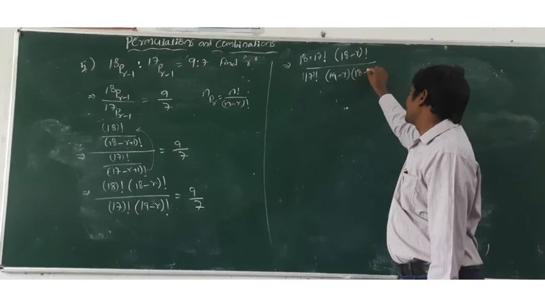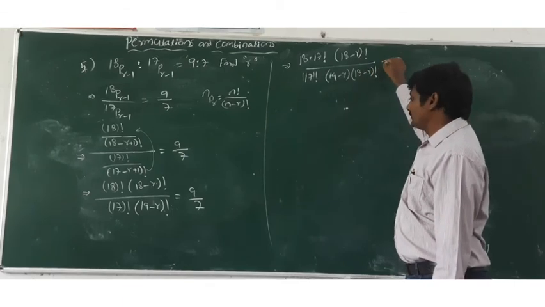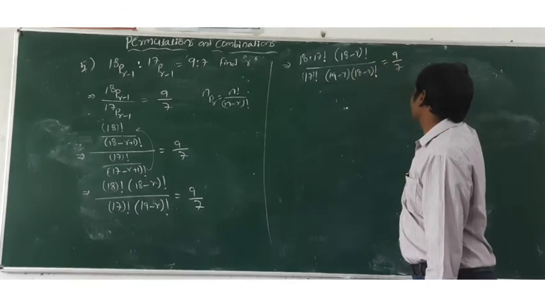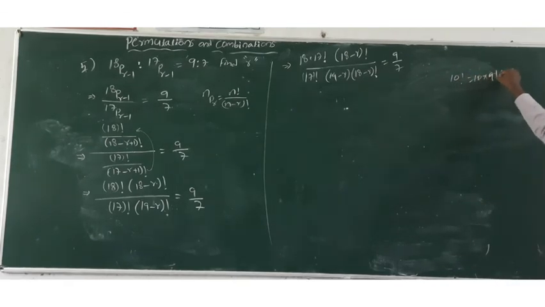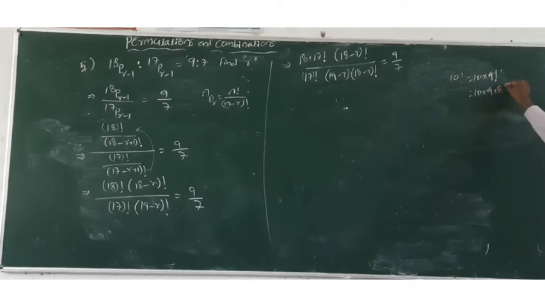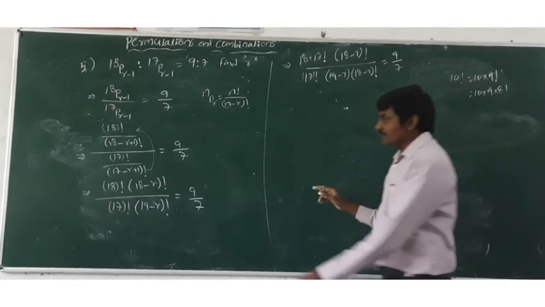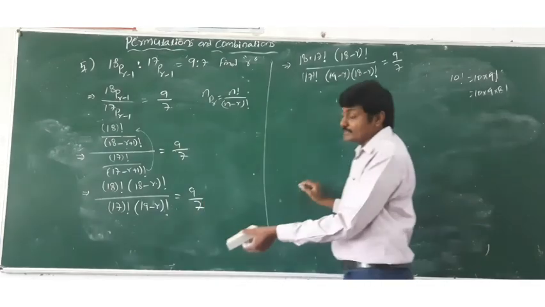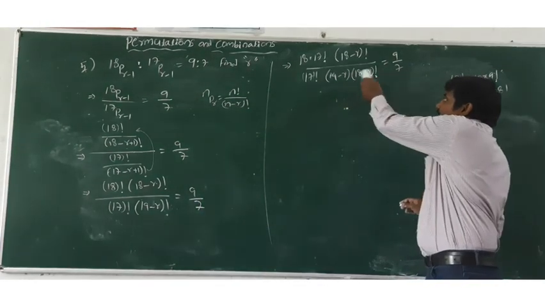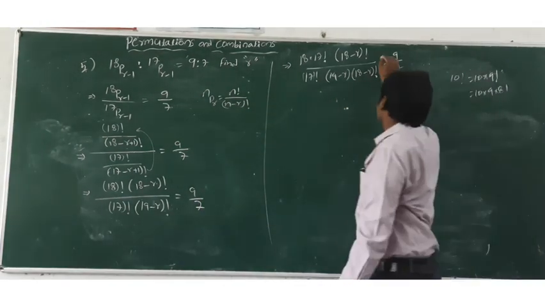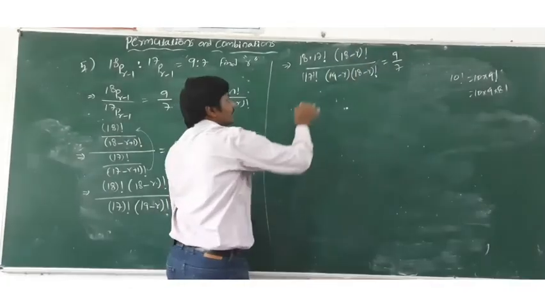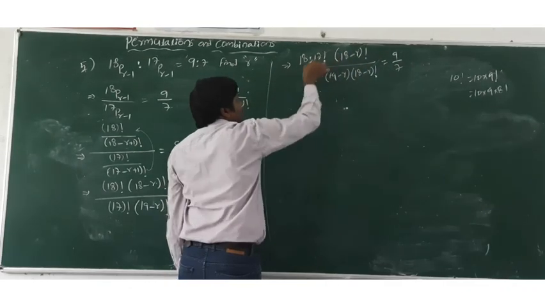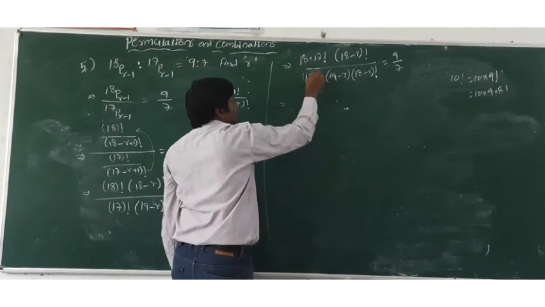Now (19 minus r) factorial is written as (19 minus r) into (18 minus r) factorial. Here (18 minus r) factorial and (18 minus r) factorial get cancelled, and 17 factorial and 17 factorial get cancelled.